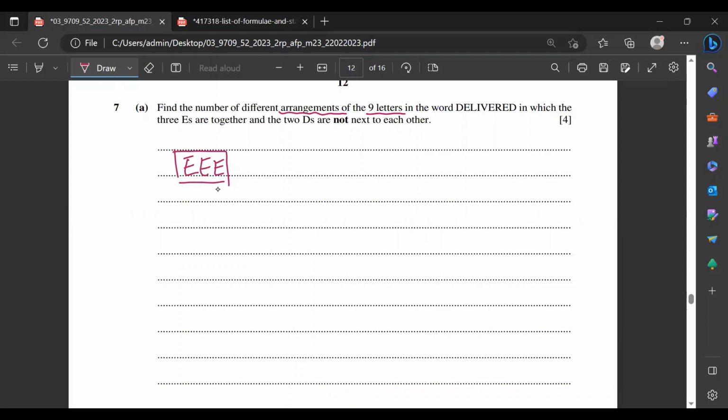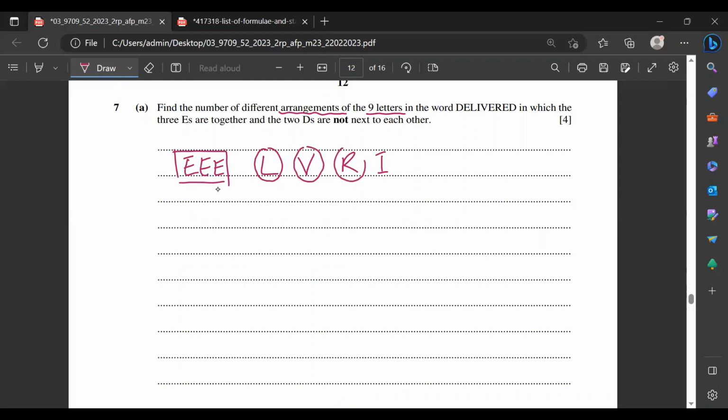Other than the E's, the rest of the 4 letters are L, V, R, I, which you just place in any order.